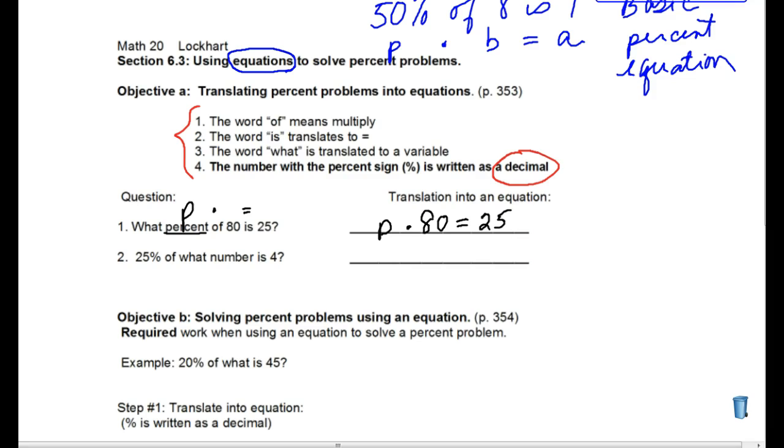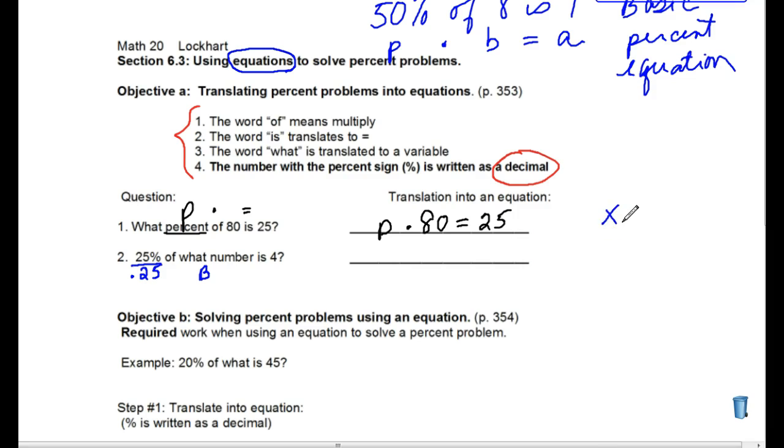Our second question says 25%. We'll always use the decimal equivalent of the percent when you're working with an equation like this. Remember, of means times. The number after the of is always the base, so we'll use the letter B. You can just use the X variable all the time if you want.